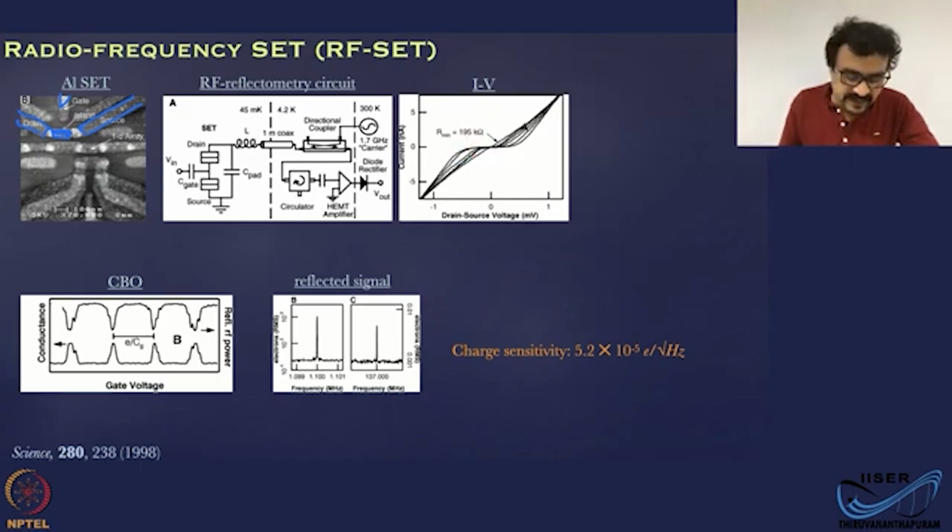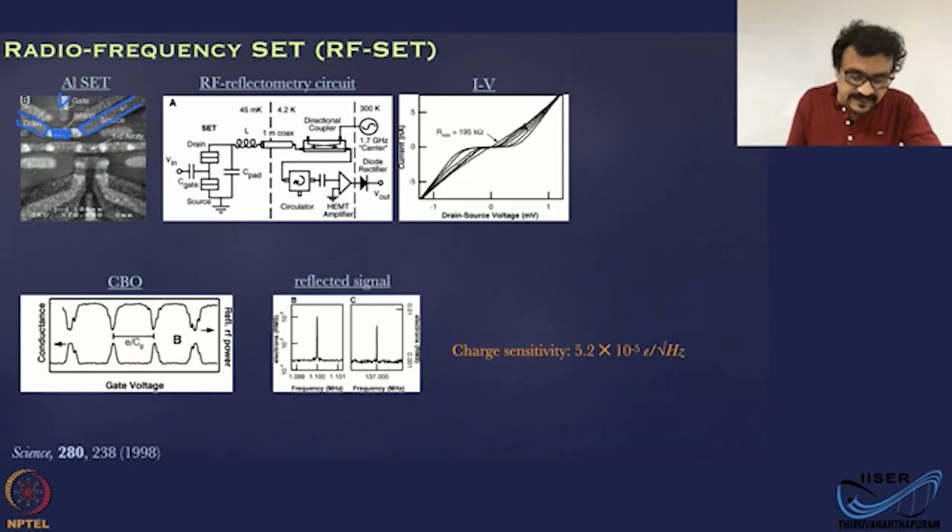And you have the Coulomb blockade oscillation here, and that is the change in the device impedance. This Coulomb blockade oscillation is nothing but the change in the device impedance as a function of gate voltage, or device conductance.